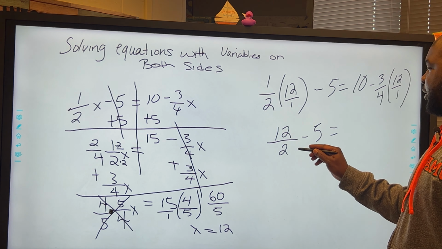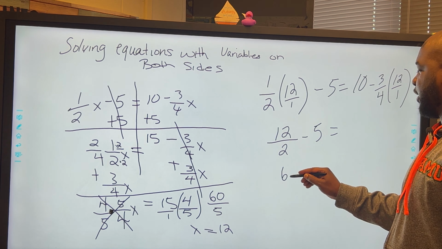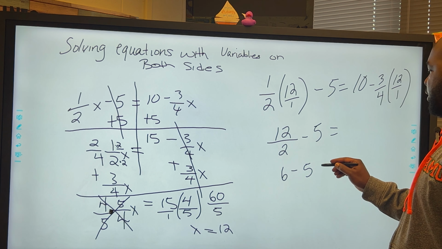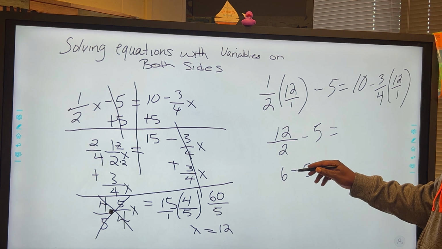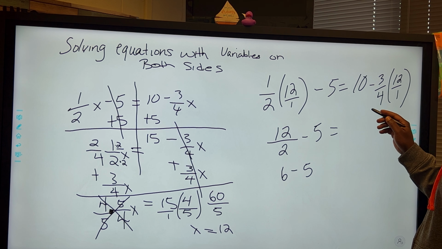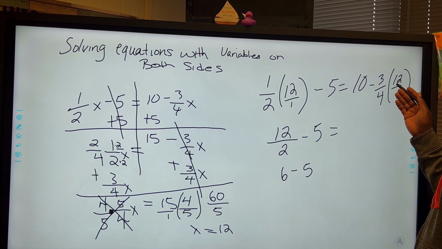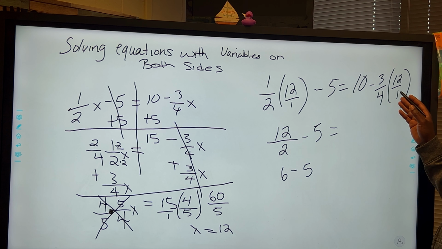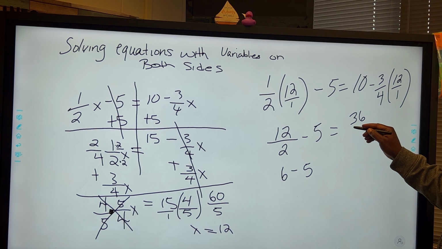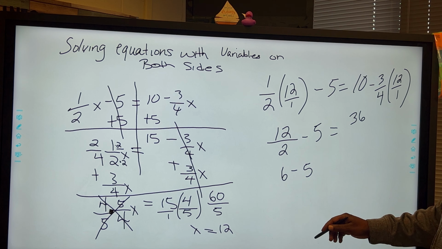So 12 divided by 2 equals 6. 6 take away 5 equals 1. So this is simplified. Now I'm going to solve this side of the equation. I'm going to do my order of operations, which is PEMDAS. So 3 times 12, that's 36. 4 times 1, that's 4.